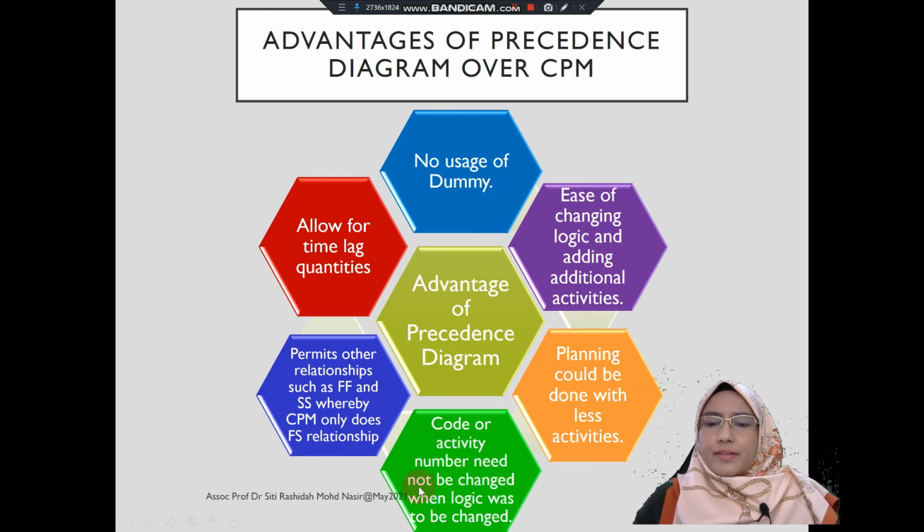The code of activity number need not be changed when logic is changed. It permits other relationships such as finish to start and start to start, whereby CPM only does finish to start relationship. And it also allows for time lag quantities.